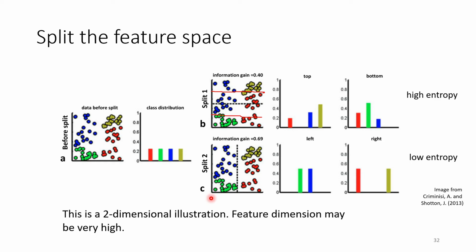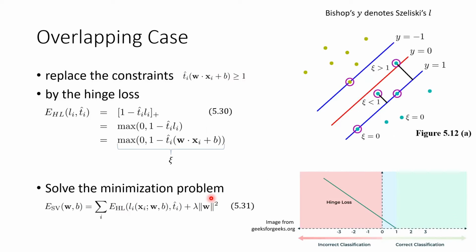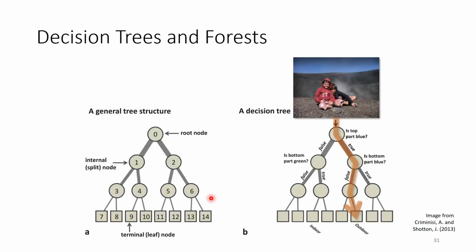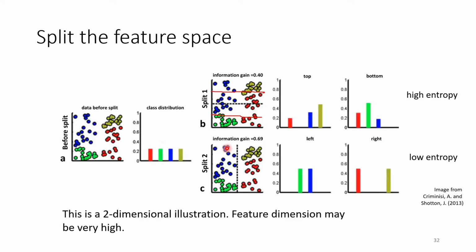First, we need to choose which component we need to split, and second, what is the split value? Therefore, we have many different choices to construct a tree. In this case, if we use split 2, then we will get this distribution.